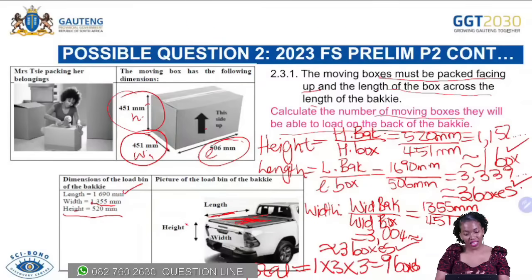It's quite lengthy, but this is a very interesting section in paper 2, the section of packaging. So over the weekend, as you are meeting with your teachers for the last revision session, make sure that you go back to your packaging and do some 2-3 activities to remind yourself, because this you can also expect to find in the exam paper that you'll be writing on Monday.